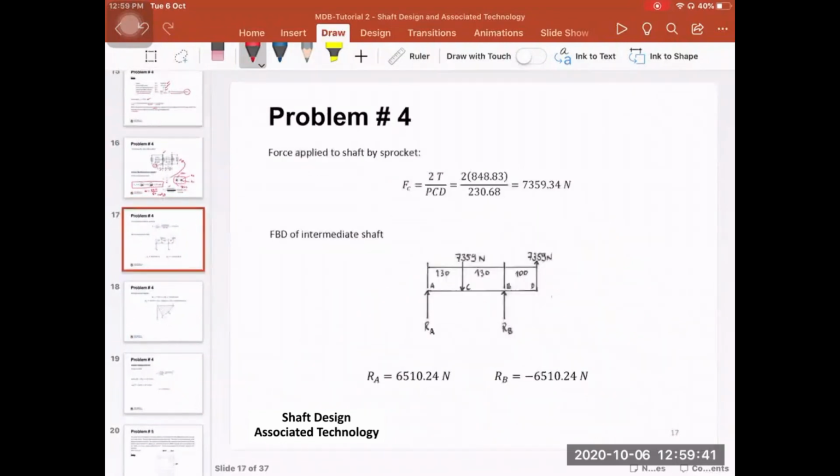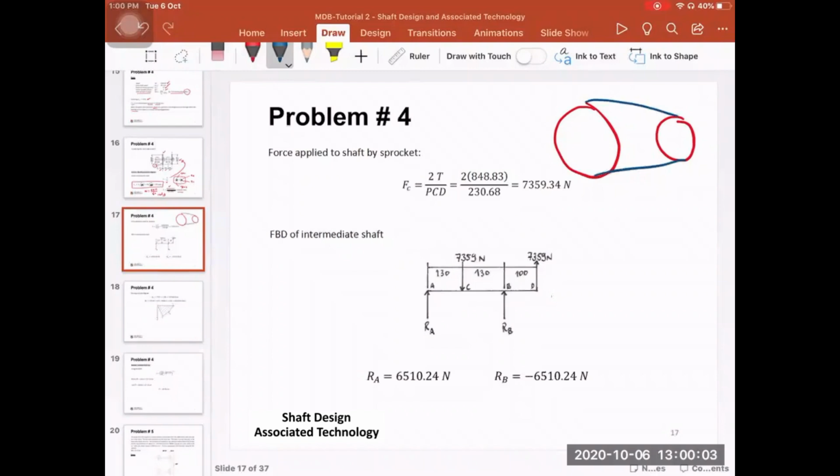So next, we want to focus on the bending, how we can find the maximum bending value on the shaft. So going back to the idea of the two sprockets, we have a small sprocket, we have a large sprocket, and then we have a chain between them.